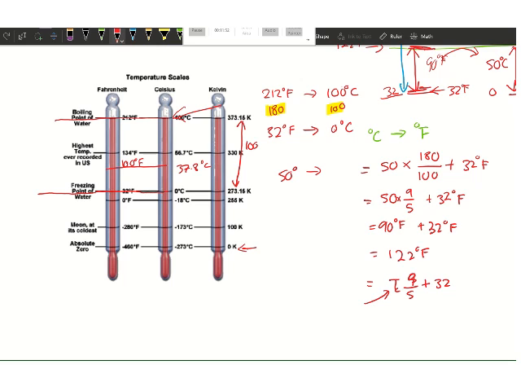So Kelvin is the absolute temperature, which corresponds right away to the physical properties of material.